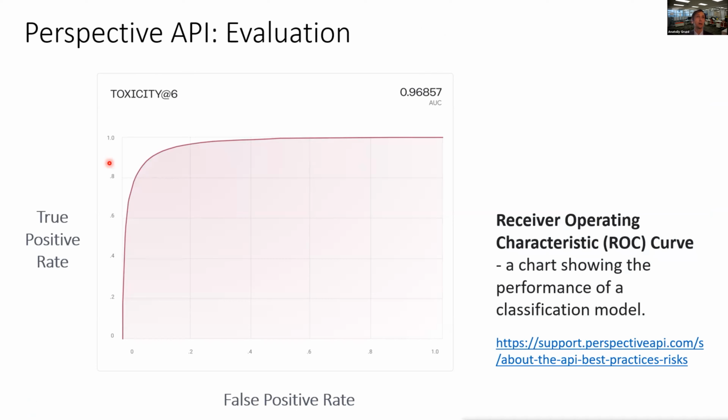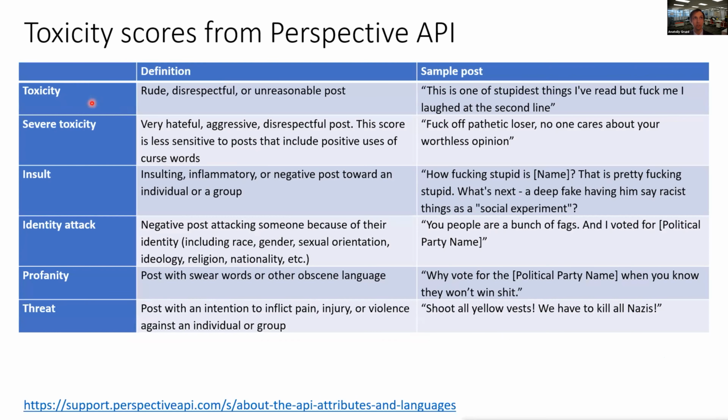What I want to say is that Prospective API right now published their formal evaluation based on their most generic metric, the toxicity score. So for your publications, if you're doing it at scale, without any interventions or any sampling and manual cross-validation of your results, I think it's safe to rely on toxicity score, the most general definition of toxicity.